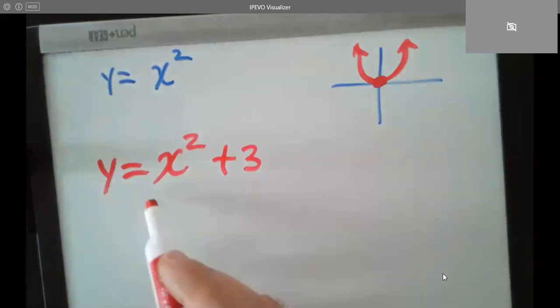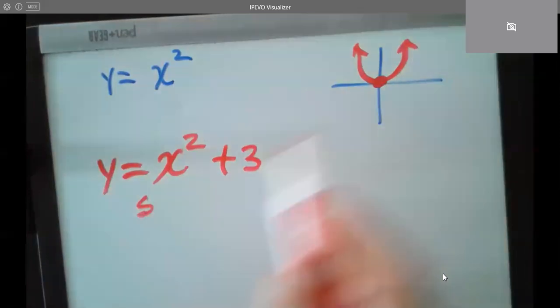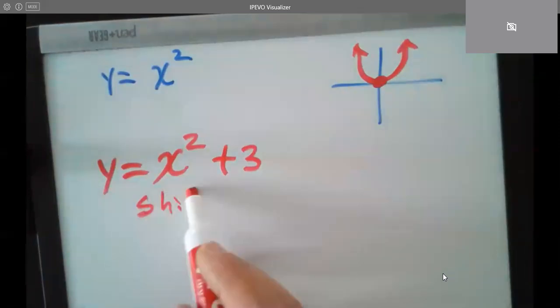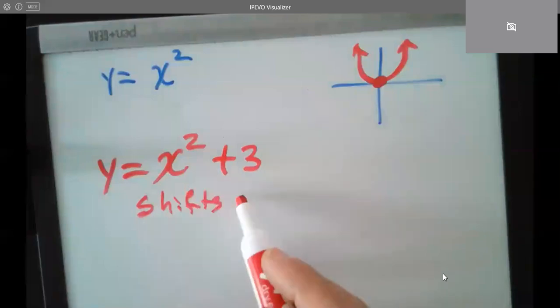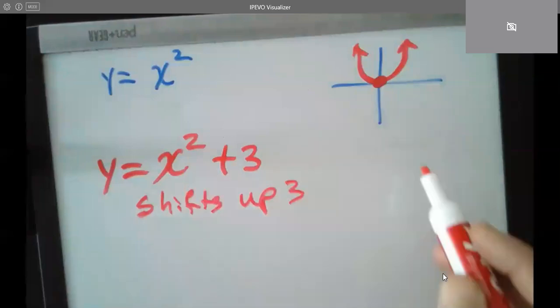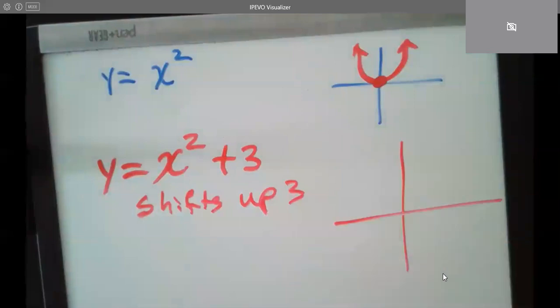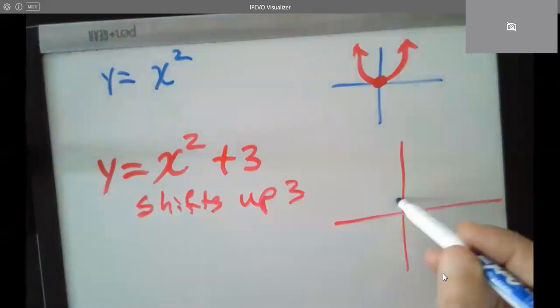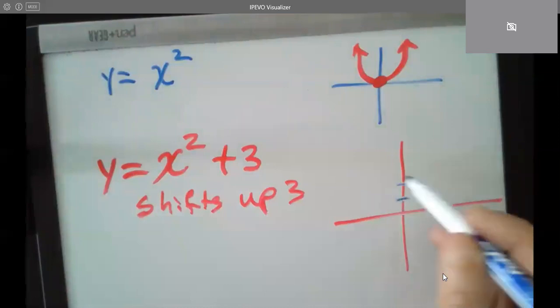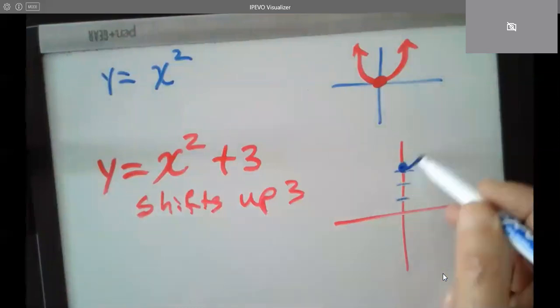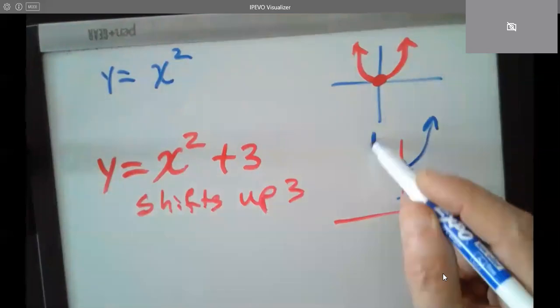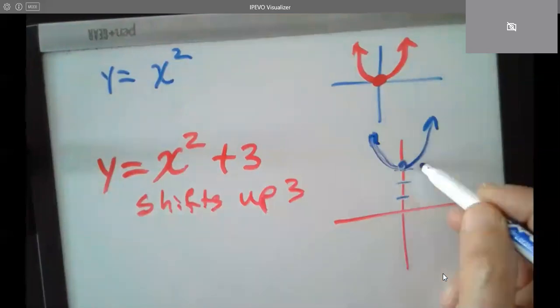So this is going to shift this graph up. It shifts up 3 spaces. So now the whole graph shifts from 0, goes 1, 2, 3. Now this vertex is up here at 3.